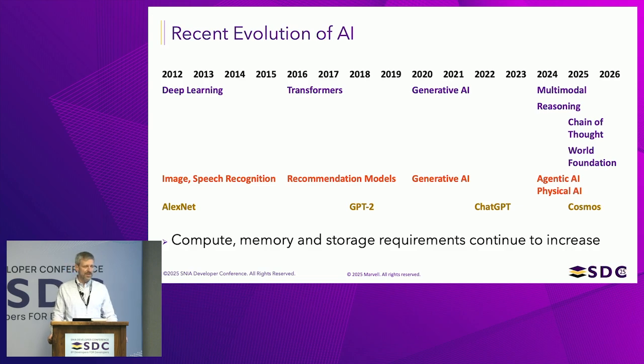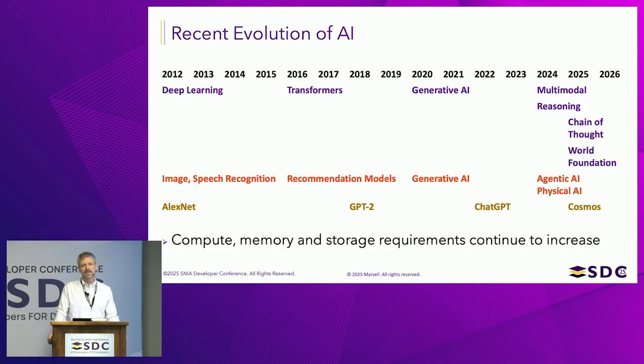Then people have introduced multimodal AI algorithms that use text, video, images. They've introduced reasoning capabilities to AI, chain of thought capabilities. And the next thing is really two things: agentic AI, so AI agents that can do whole tasks for you.